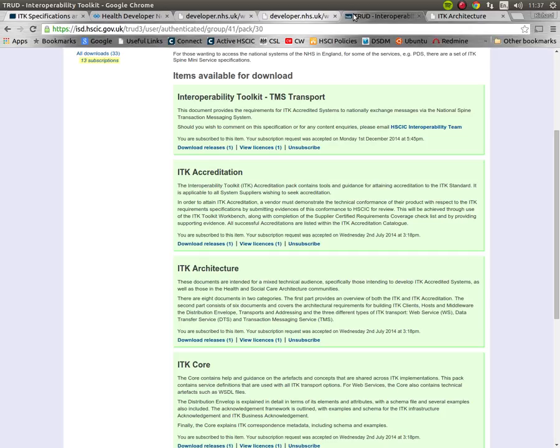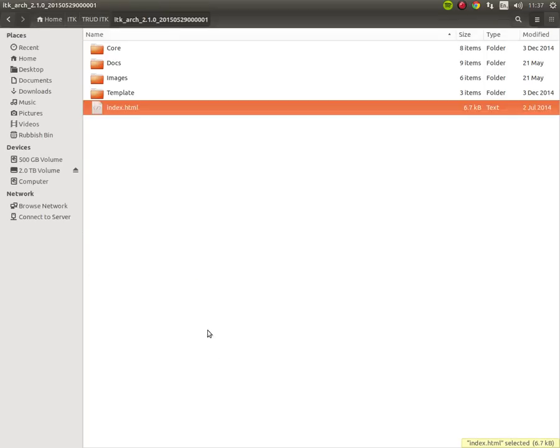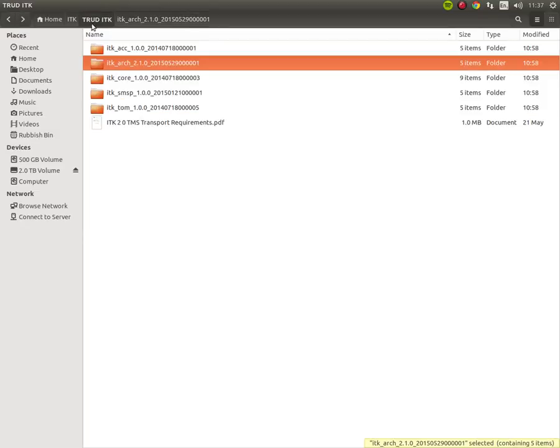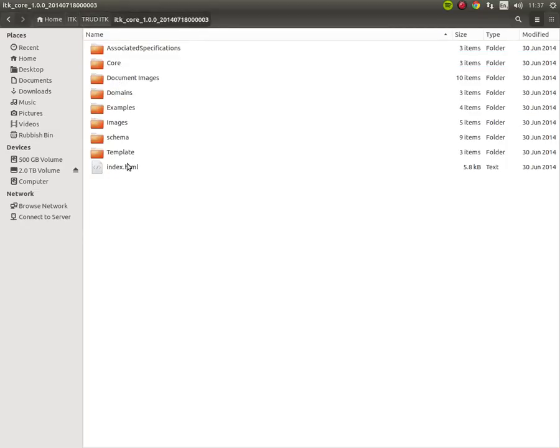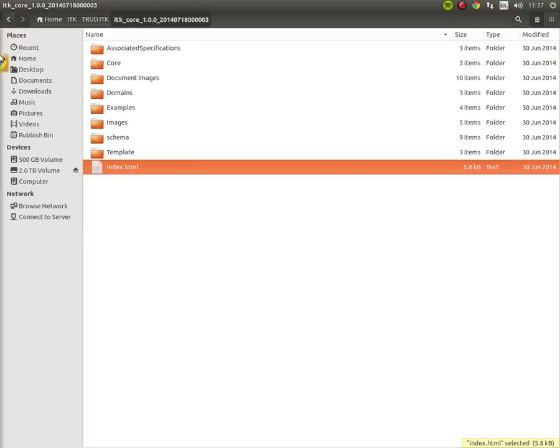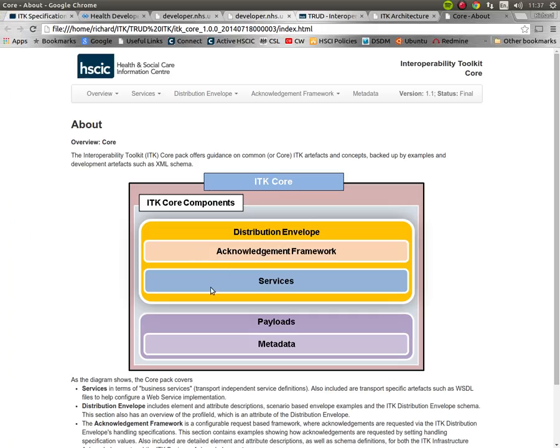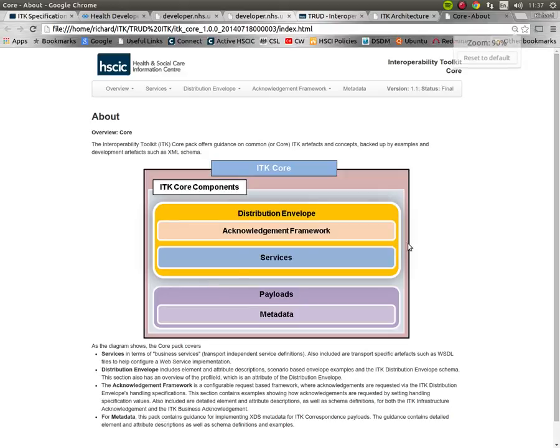On TRUD we've also got the ITK core pack. So the ITK core pack, which I've got here, also contains information that's replayed any number of times dependent on the payload that you implement.